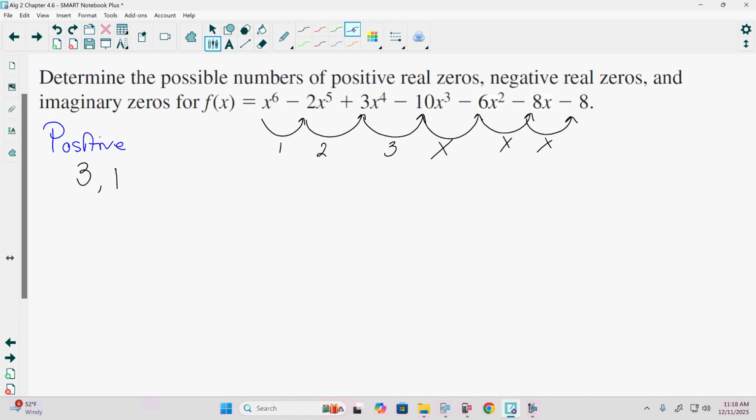Now we need to find the negatives. And to find the negatives, we're going to take f of negative x. We need to figure out what f of negative x is. Well, f of negative x says that we replace every x in the function with negative x.